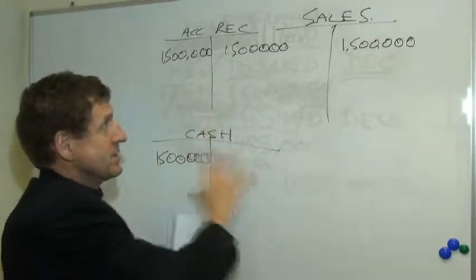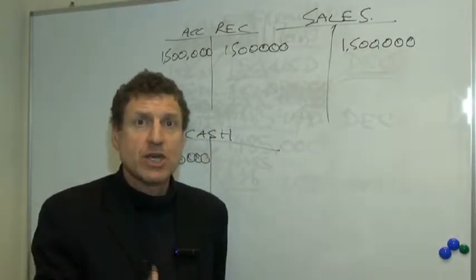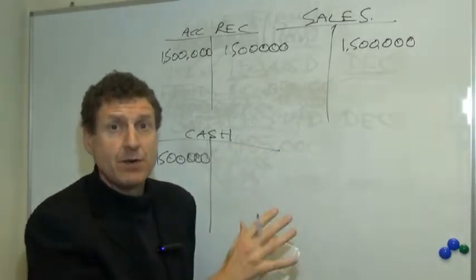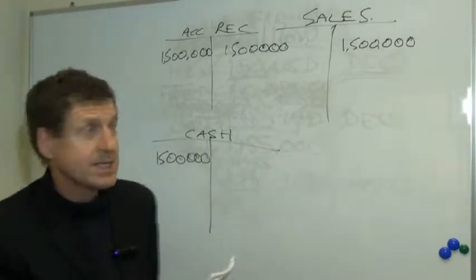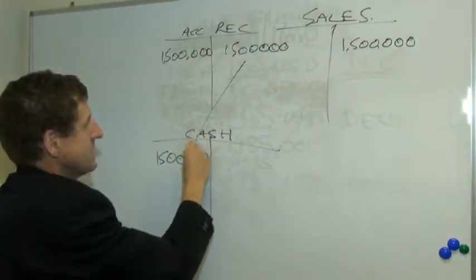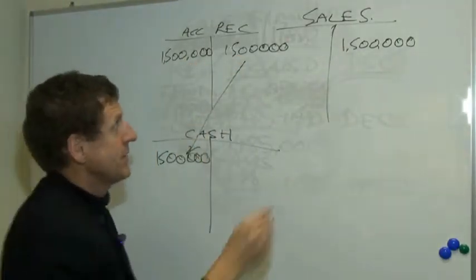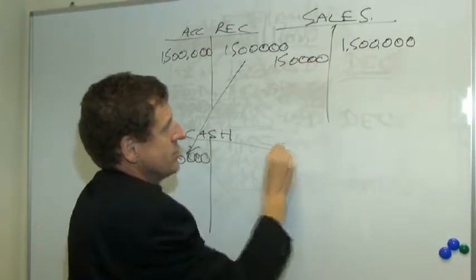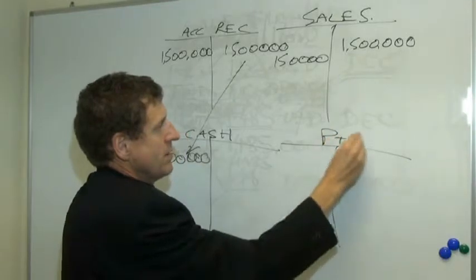Now that's not even considering any foreign exchange changes, and I haven't done any conversion. This is your basic sales accounting, where first you're creating accounts receivable, and then you bring it down to cash at the end of the accounting period, and of course sales closes off to your profit and loss account.